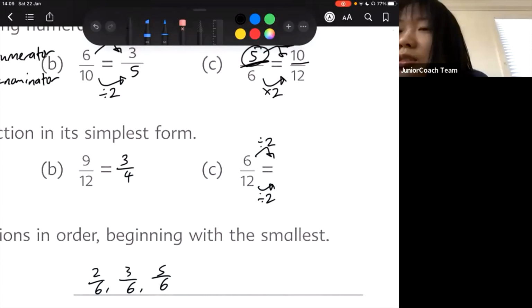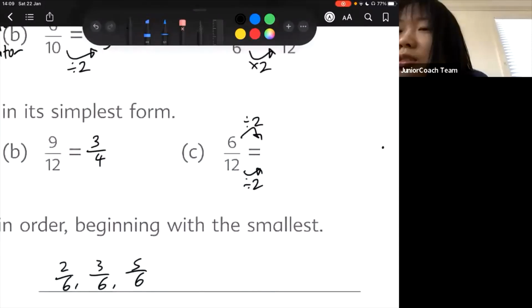For example, here you can say divided by 2, or you can also say divided by 3, because both of these numbers are divisible by 3. But if you tried 5, then it doesn't work, because 6 is not divisible by 5, and 12 is also not divisible by 5.